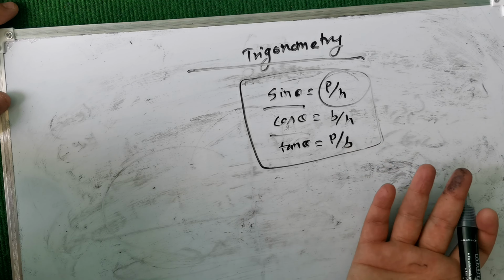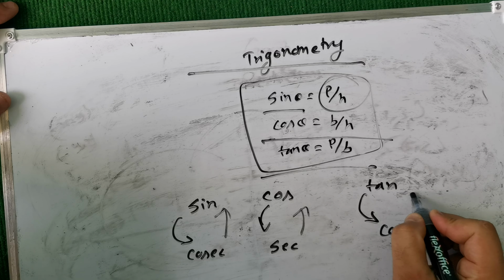Okay? Sin, cos, tan, cosec, sec, cot. They are opposite to each other. You have to understand this.